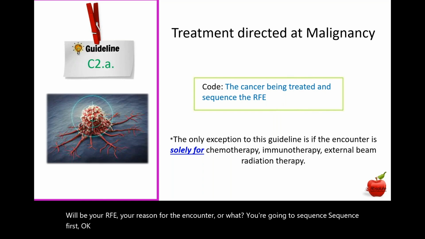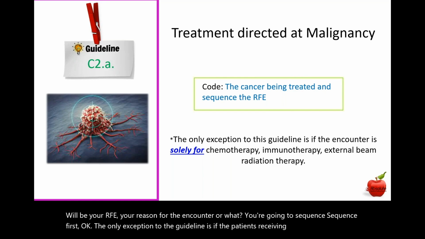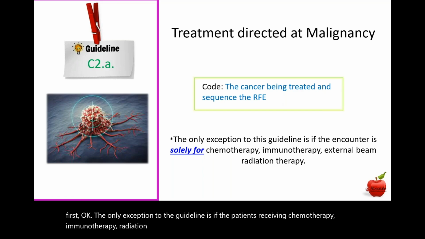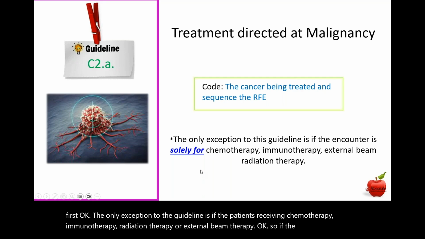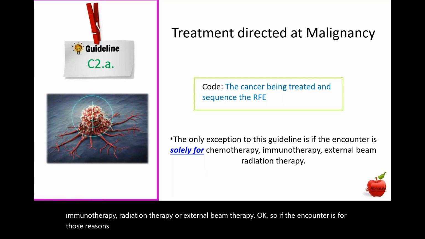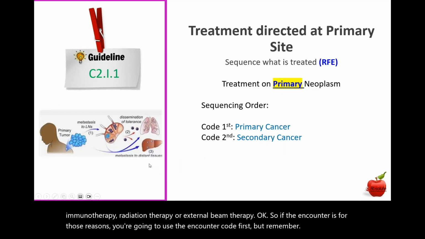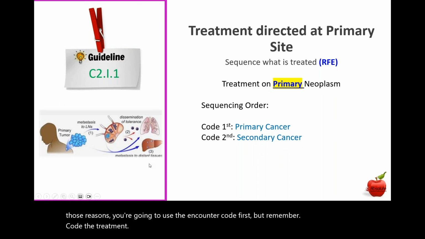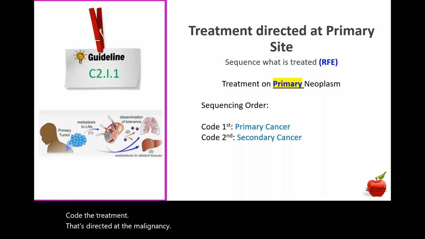The only exception is if the patient is receiving chemotherapy, immunotherapy, radiation therapy, or external beam therapy. If the encounter is for those reasons, you're going to use the encounter code first, but remember, code the treatment that's directed at the malignancy.